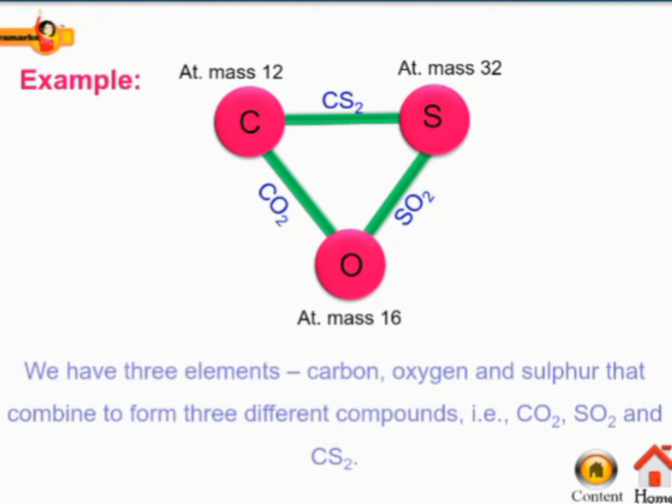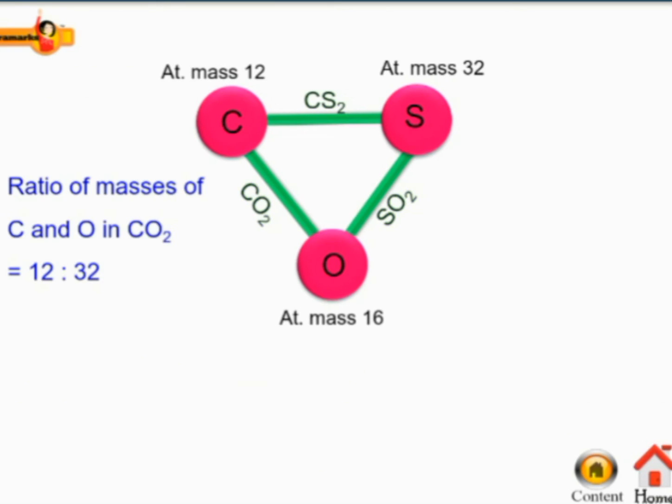Consider three elements, carbon, oxygen and sulfur, that combine to form three different compounds, namely carbon dioxide, sulfur dioxide and carbon disulfide. In carbon dioxide, the ratio of masses of carbon and oxygen is 12:32.